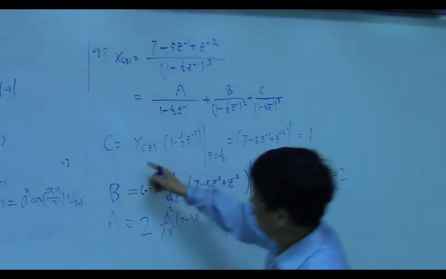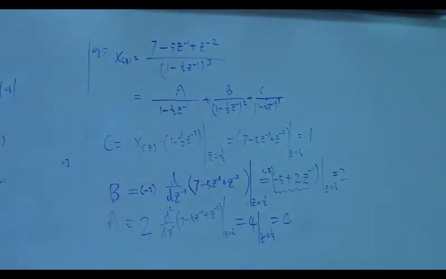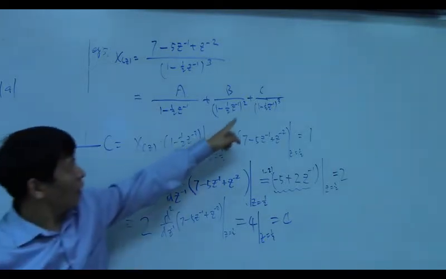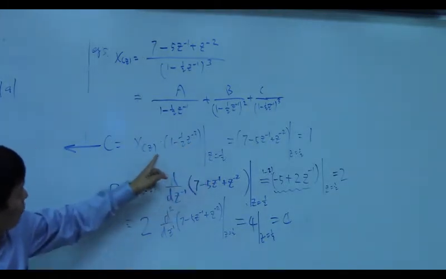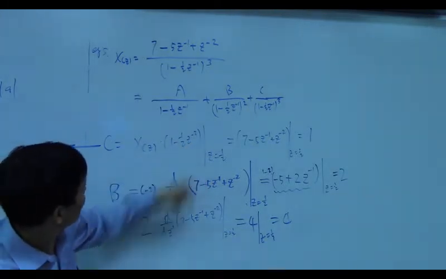This C_r here is (1 minus p_i z^-1) to the power of the highest order. p is the pole, in our example half. The highest order is m in the formula, but in our example the highest order is only 3, which is why we multiply to the power of 3. So this is wrong, right?